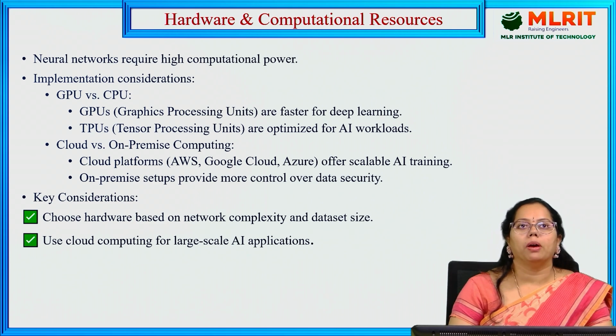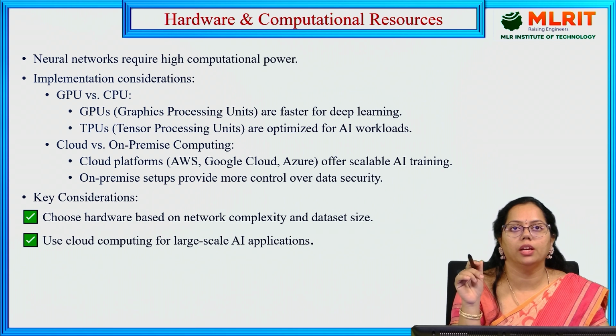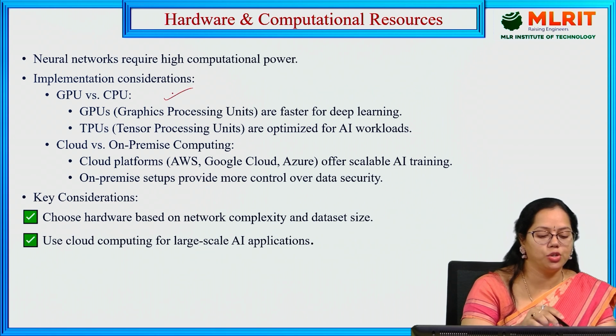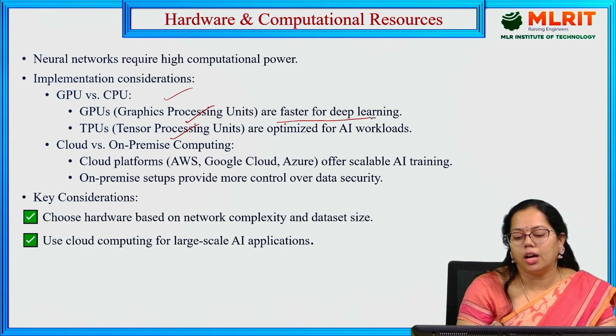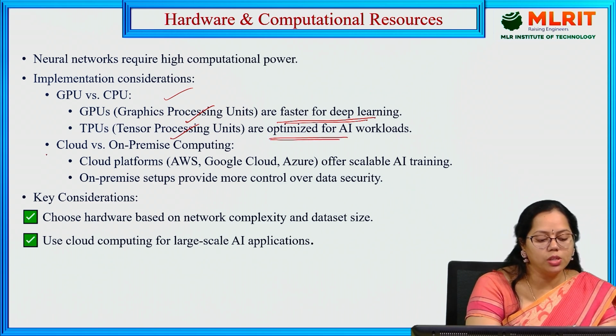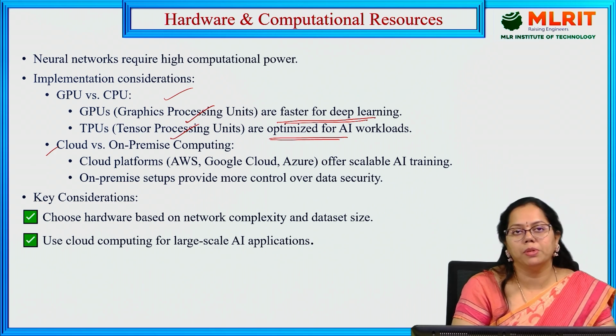Now, if you're talking about hardware and computational resources, it requires high computational power. Implementation options include CPU, GPU (graphical processing unit), and tensor processing unit. GPUs are faster for deep learning, and tensor processing units are optimized for AI workloads. Along with this, we have cloud and on-premise computing.